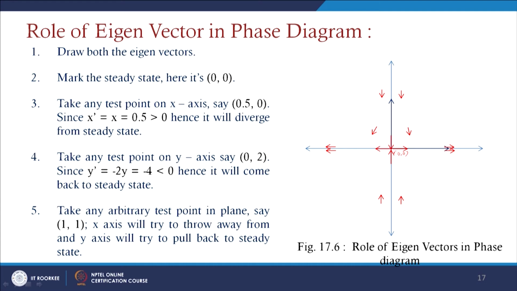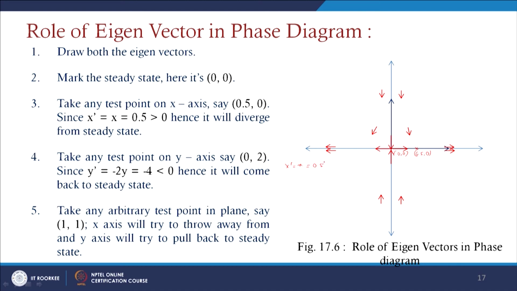And if you consider any test point on the x axis, suppose I am considering the point 0.5, at this point x dash equals x, so that is nothing but 0.5.